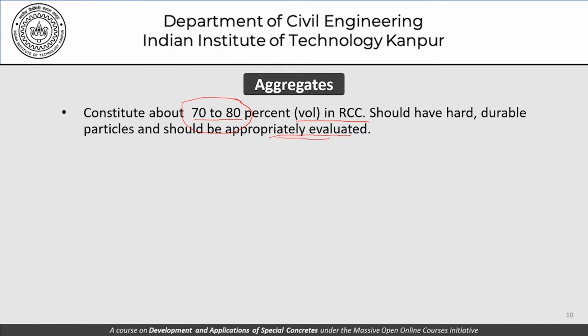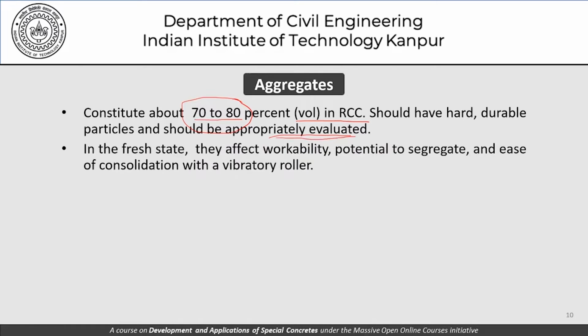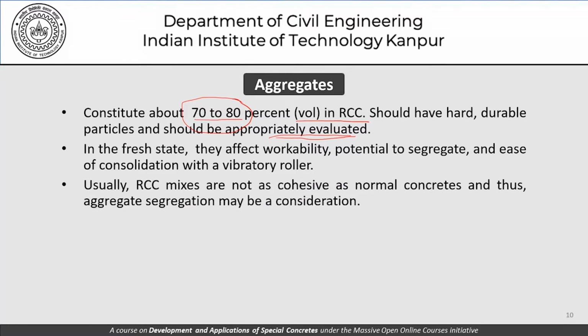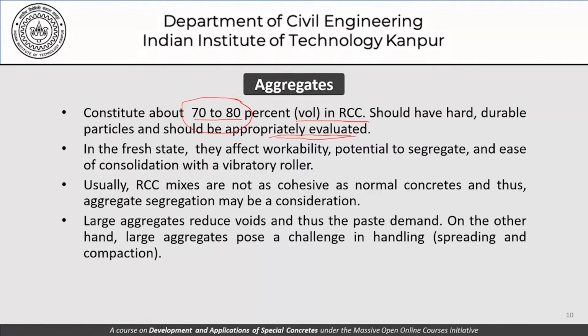Proper evaluation includes not only strength, but also gradation. In the fresh state, the aggregates affect the workability, potential to segregate, and the ease of consolidation with a vibratory roller. Usually RCC mixes are not as cohesive as normal concretes, and thus aggregate segregation is surely a consideration that must be borne in mind when designing these mixes.